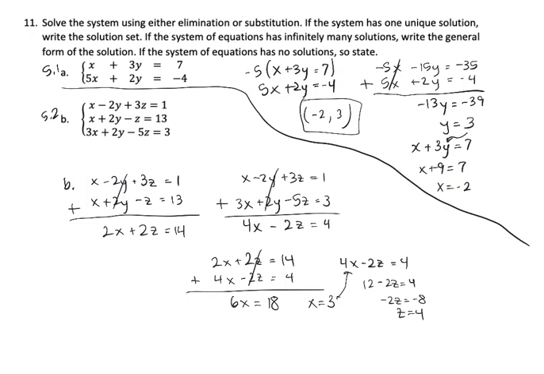And finally, if we take one of the original equations, like the top original equation from part B, we have x minus 2y plus 3z equals 1. X equals 3, so that becomes 3 minus 2y, and then if z is 4, 3 times 4 is 12, so that's plus 12 equals 1.